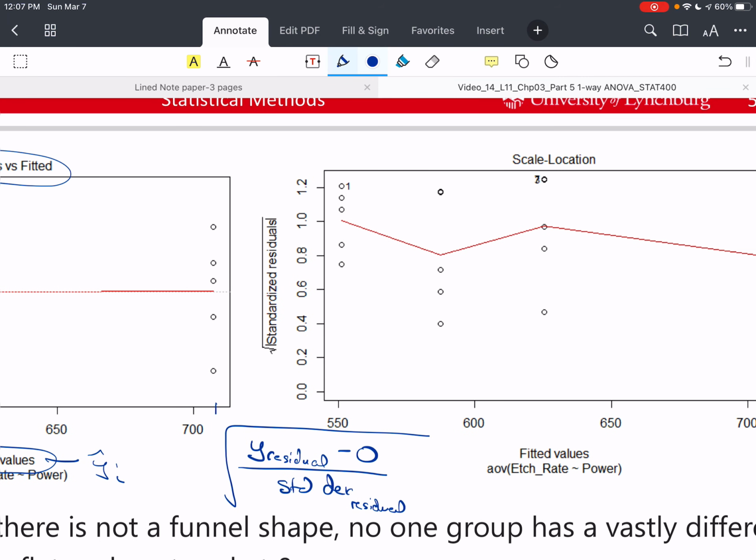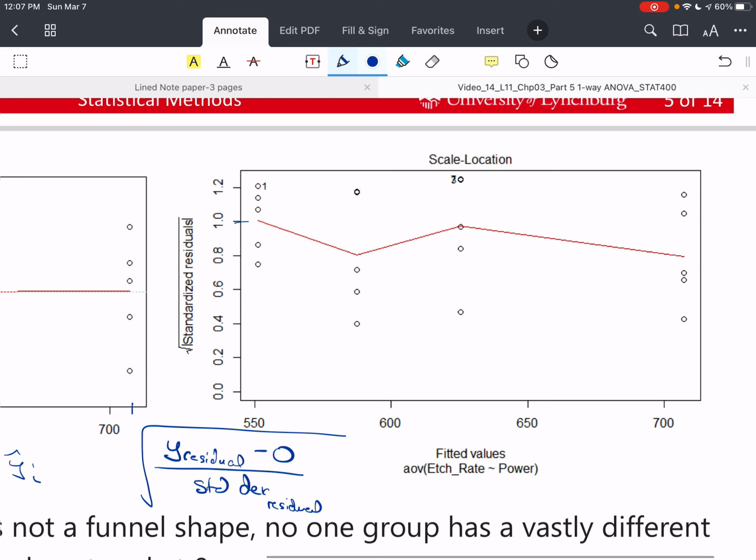So this should be a flat red line, if I can draw it, at 1, okay? And so we see, if you draw that line, that we have some slight variation. I'm going to use a ruler because I can't seem to draw this very straight. And maybe about there.